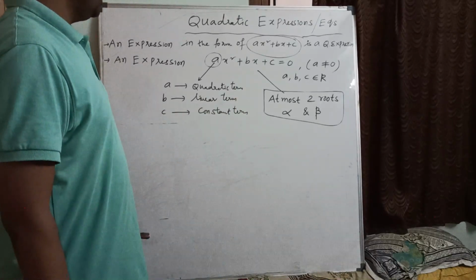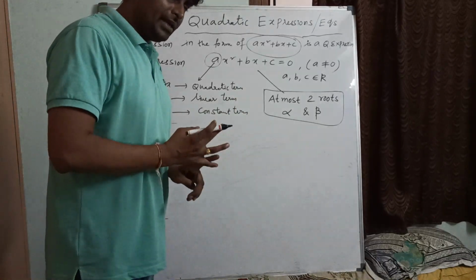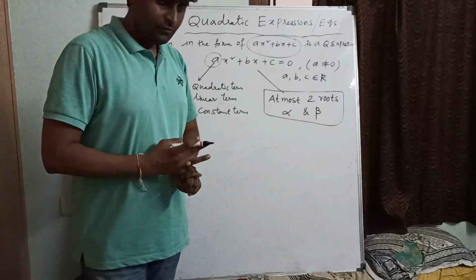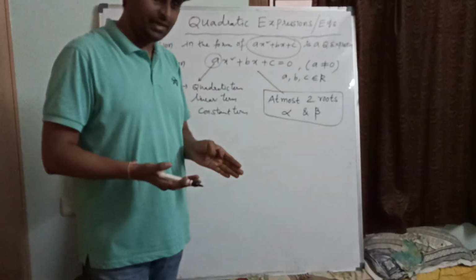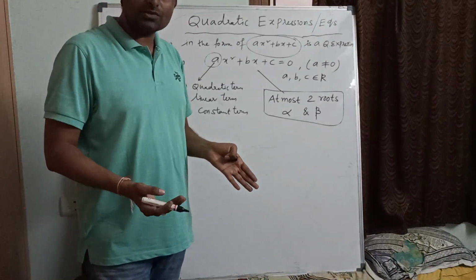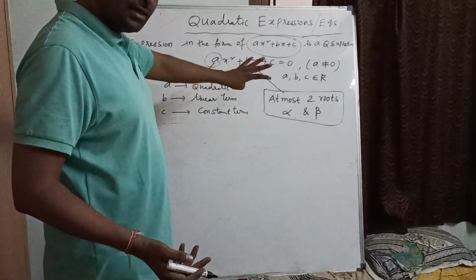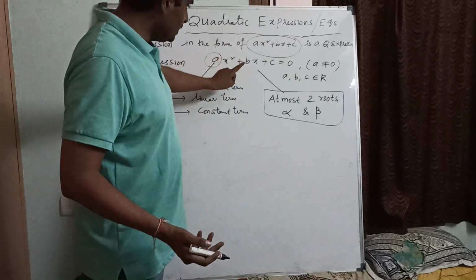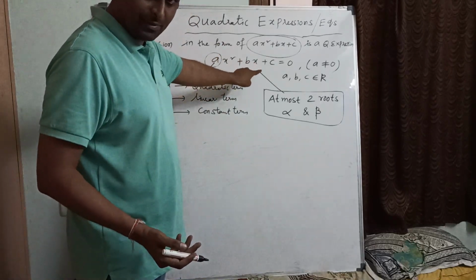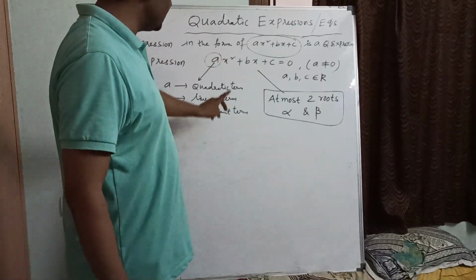Now, as we know, every equation has a solution. Similarly, every quadratic equation will also have a solution. So what is the solution? The value of the variable x which satisfies that equation.